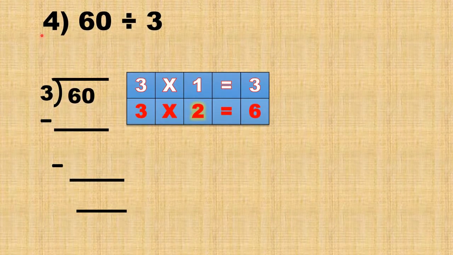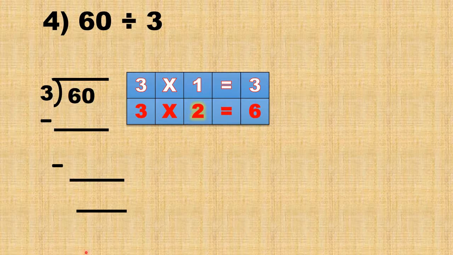Now let us see the fourth example, 60 divided by 3. 60 is the dividend and 3 is the divisor. The dividend 60 has 6 tens and 0 ones. Now let us divide 6 by 3. Now we use the table of 3. See the 3 times table up to 6.